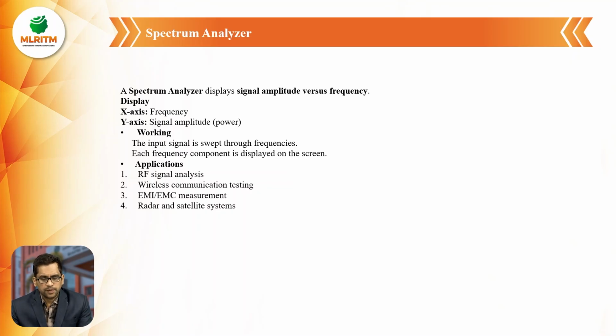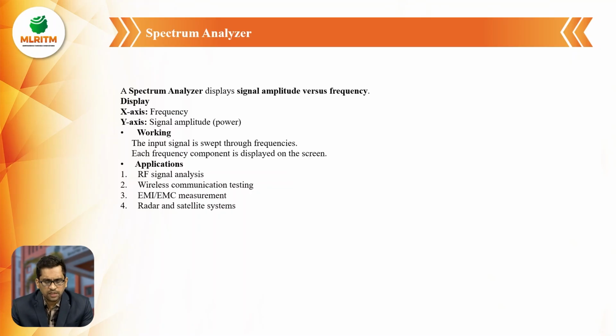The spectrum analyzer displays the signal in the form of waveforms with frequency and amplitude. Corresponding to each frequency component, it will display the amplitude of that signal. These spectrum analyzers measure frequency on the horizontal axis and signal amplitude or power on the vertical axis.